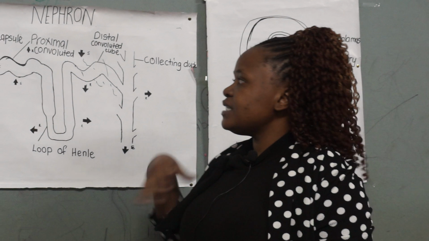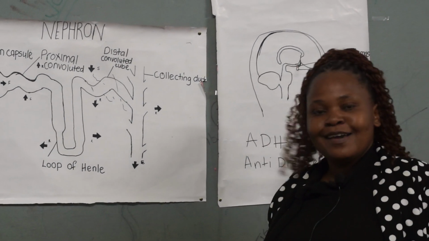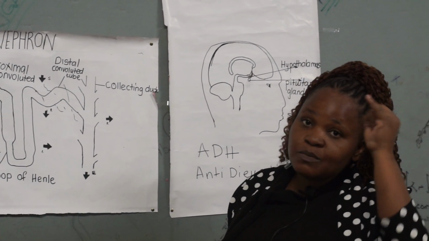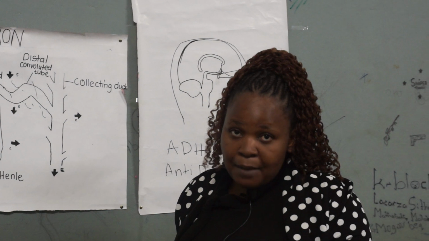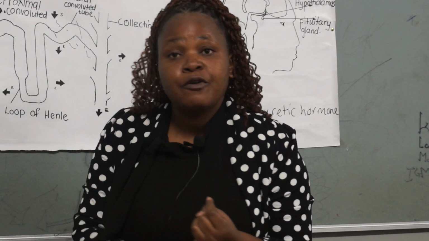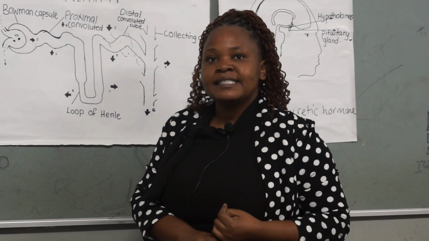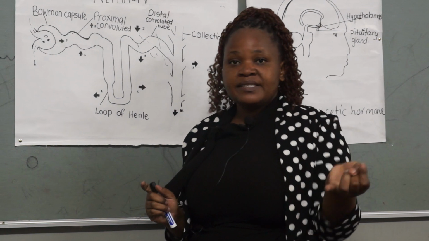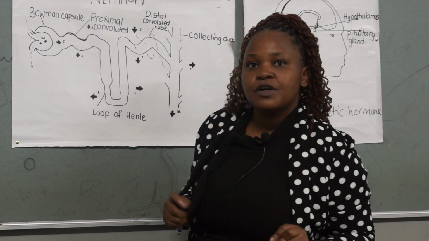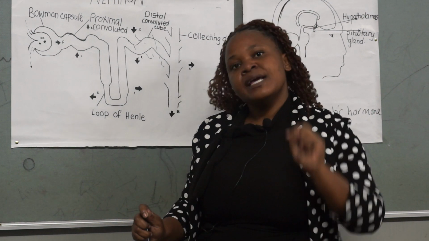Right. So you see now, this is how ADH is going to work. Don't forget, guys, it started with the osmoreceptors in the hypothalamus detecting the anomaly, then it went on to the pituitary gland, which was given the message. The pituitary gland, in response to the low water levels, releases ADH, antidiuretic hormone.